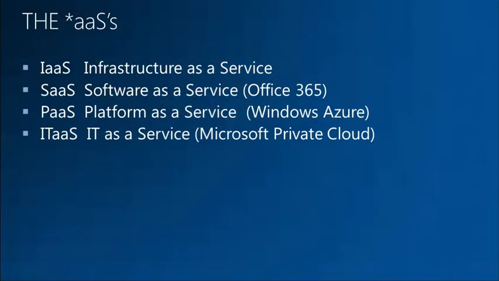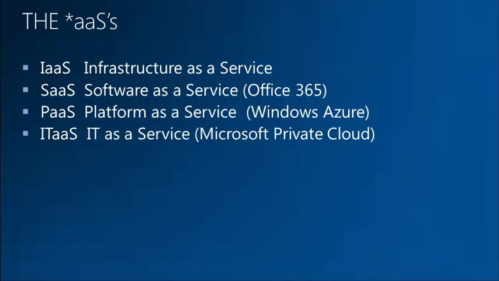And so we looked at the different pieces here of the way that cloud architecture is delivered. Software as a service being our Office 365 offerings, platform as a service as Windows Azure. Infrastructure as a service is really more of the pipe or the plumbing that allows you to be able to build out the architecture, whether it be private or public.